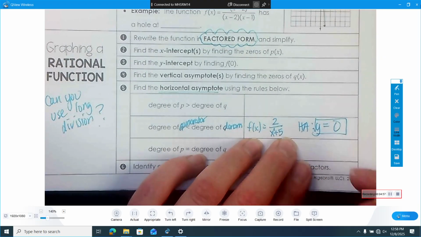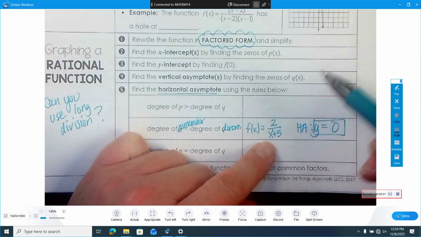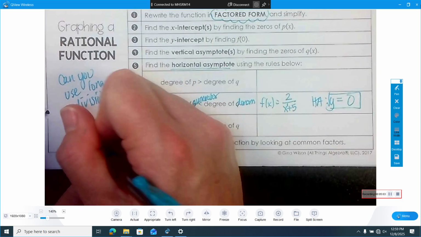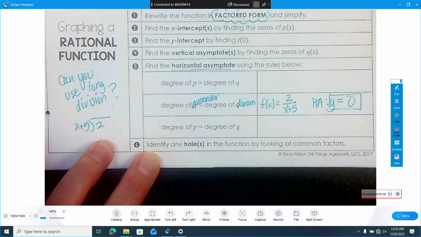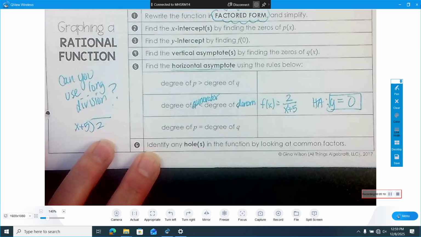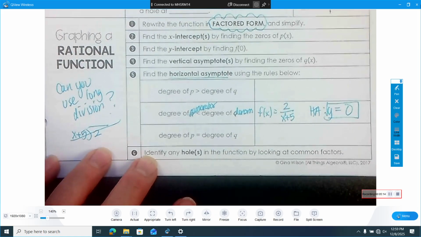And it's y equals 0 because I can't do any long division here. How many times does x plus 5 go into 2? Doesn't make sense. We can't divide. It goes in 0 times. So really it's asking the question, can we use long division?